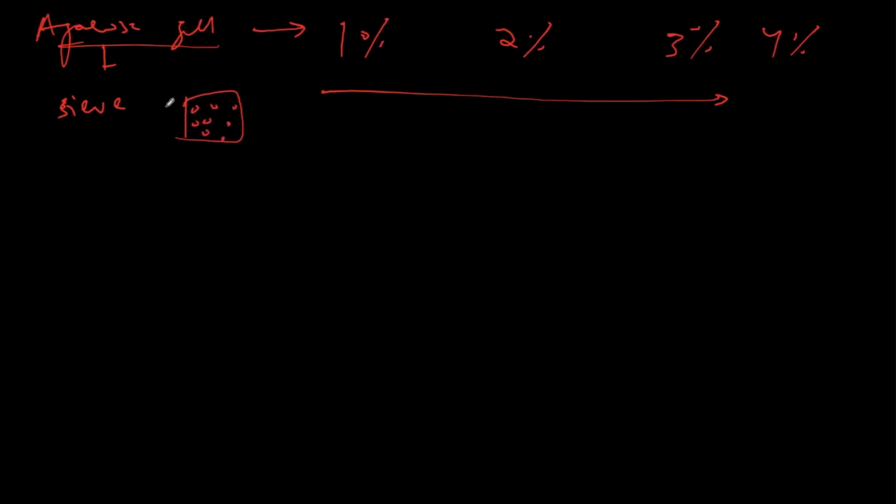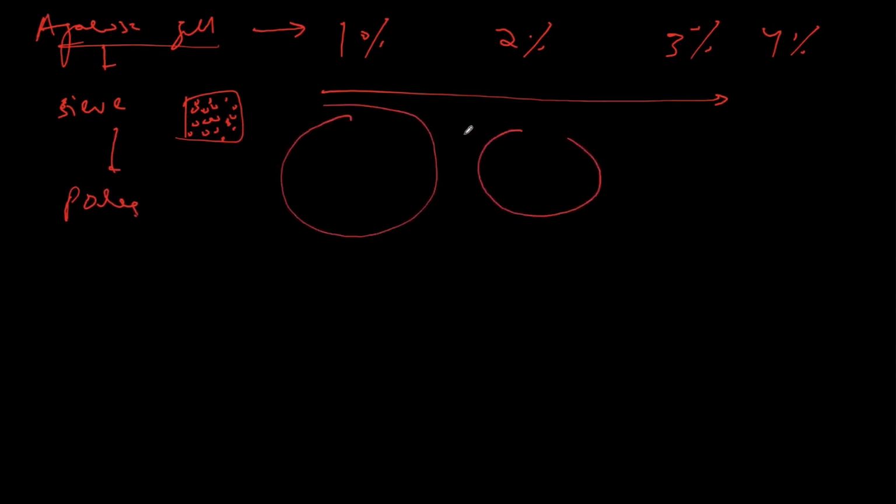So that is a sieve. Sieving basically means having the presence of holes, and based on that, there is separation. So if it is 1%, let's say this is the pore size; if it is 2%, then again it gets smaller, smaller, smaller. Let's say 10%. So that is the pore size.